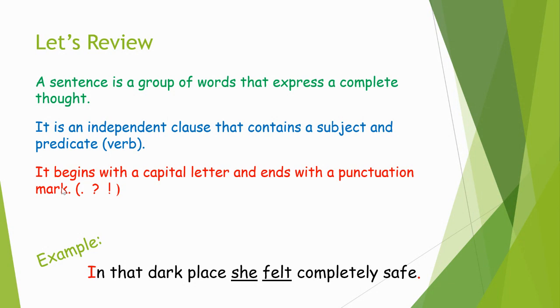Here, this seems to be a complete thought. Does it have a subject? Yes, it does. Does it have a predicate? It has a predicate. Does it begin with a capital letter and have a punctuation mark at the end? This example follows all 3 rules above, therefore, this would be a sentence.